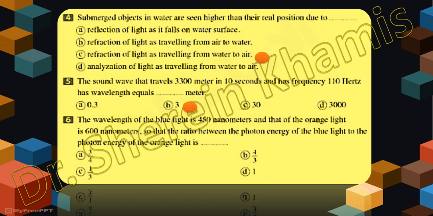So we simplify and reverse the fraction, and the ratio will be 4 over 3.